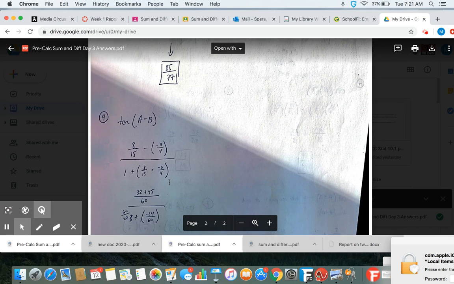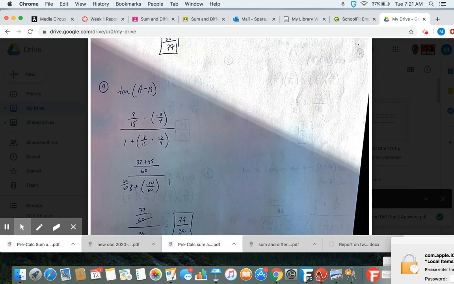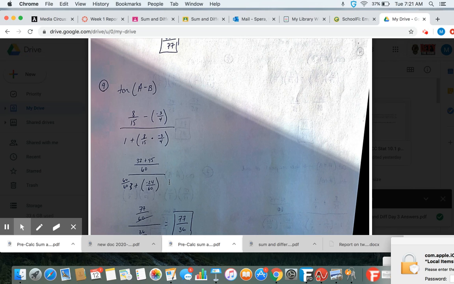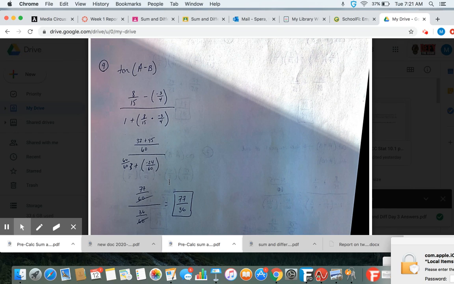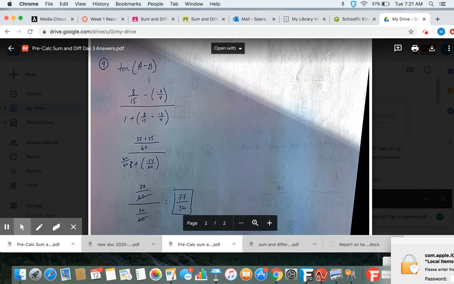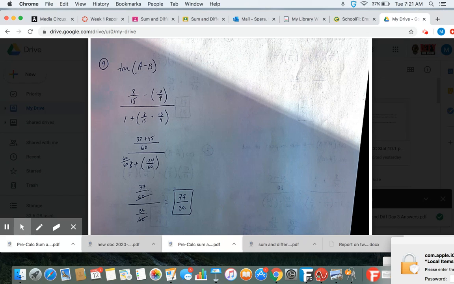All right, then finally, tangent of A minus B. Now, there's a few mistakes that I saw from people with this one, so go back if you need to, and I'll post the answer key along with the video. But again, just be careful with the signs. We have two minuses here, so a negative minus a negative is going to end up being a positive.